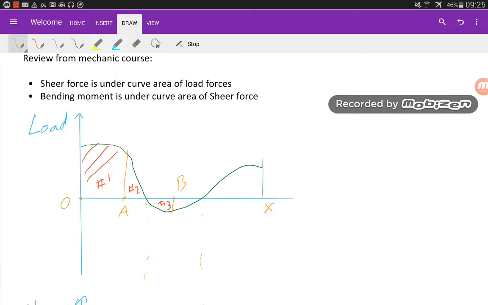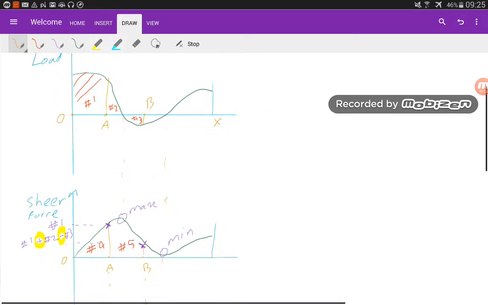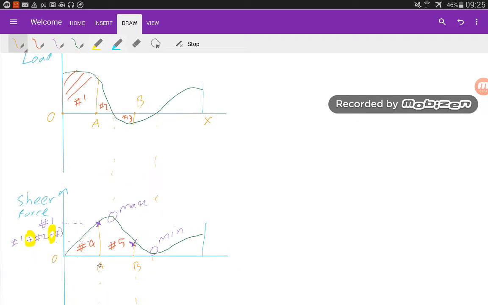Well, if you want to draw the shear force, what is at point A is the point which you are going to graph. This is the under curve area of load force. How much was your load force here?